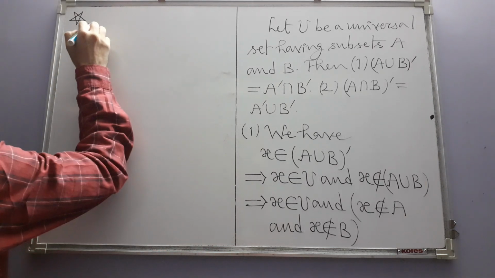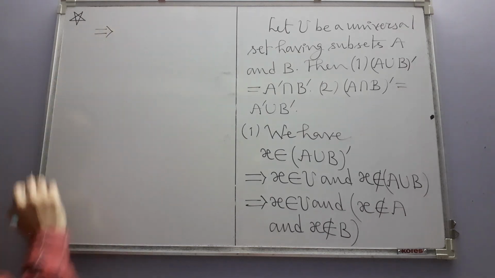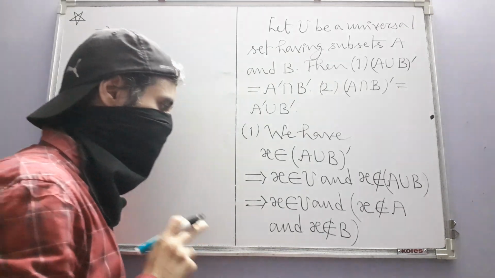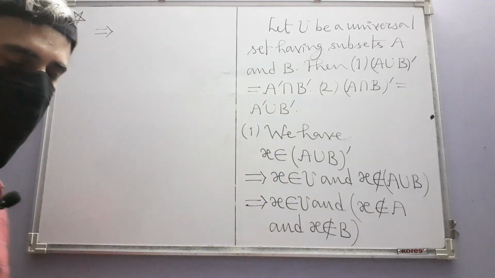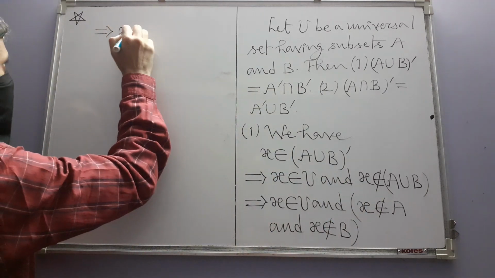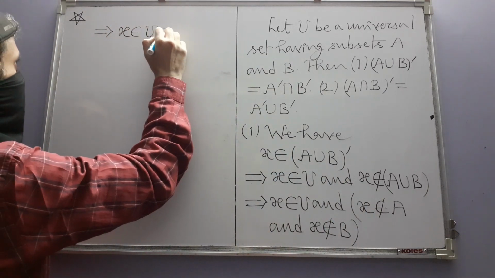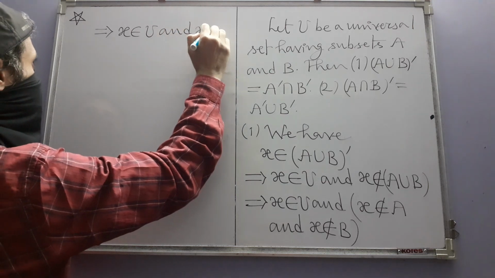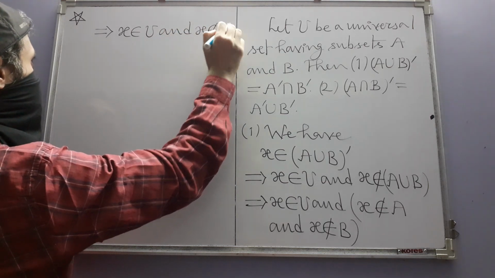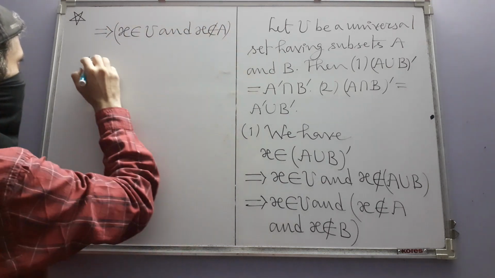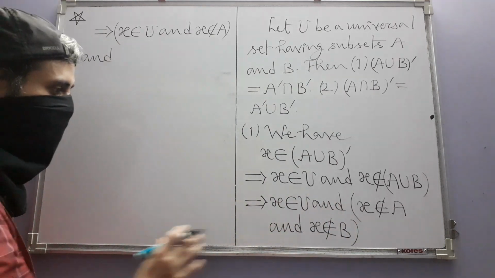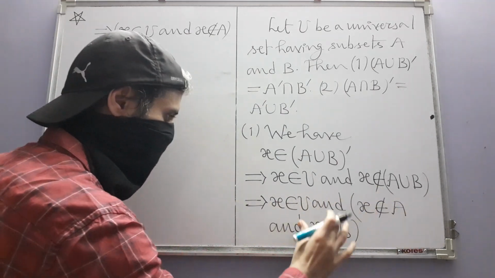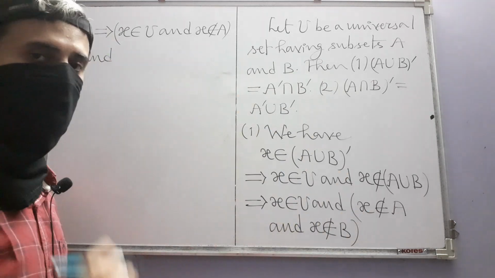Okay, so let's continue our argument. So this means that X belongs to U and X does not belong to A. And because everything is "and", all of these are simultaneously true.